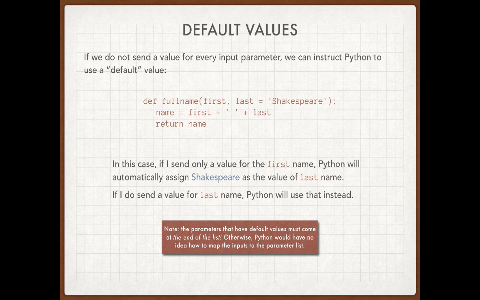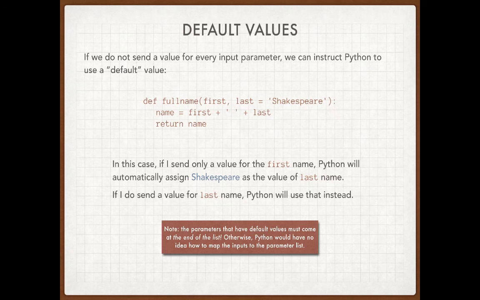If I, as the caller, send a string to the variable first, and if I send a string to the variable last, the function will use both of those arguments as I have sent them. However, if I choose to omit a value for the variable last, then the function has permission to substitute the string Shakespeare. So if I don't send a last name, it'll use the string Shakespeare.